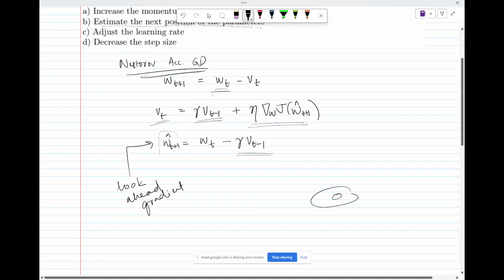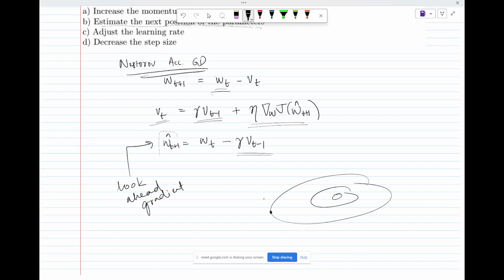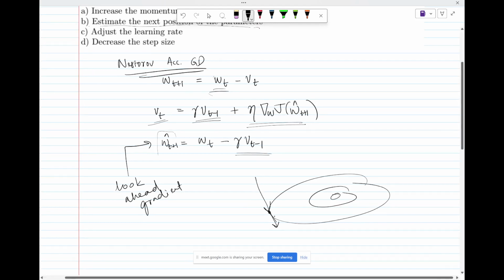So if you have something like this, you are at this point, say you came from here, so you have momentum towards this direction, and you take a step further in this direction and look at the gradient there.